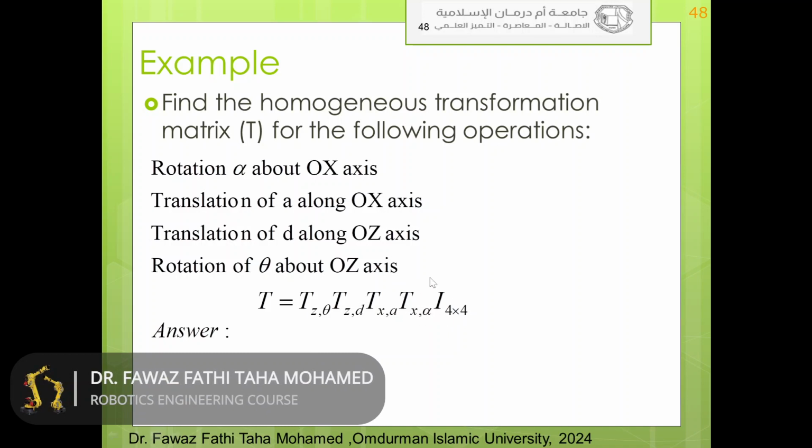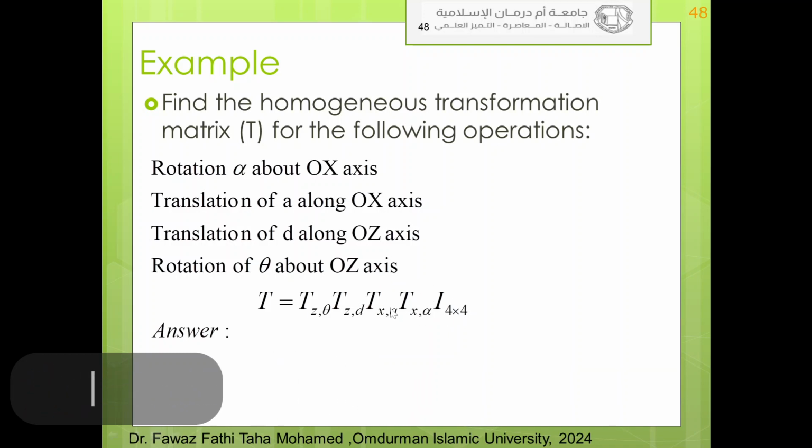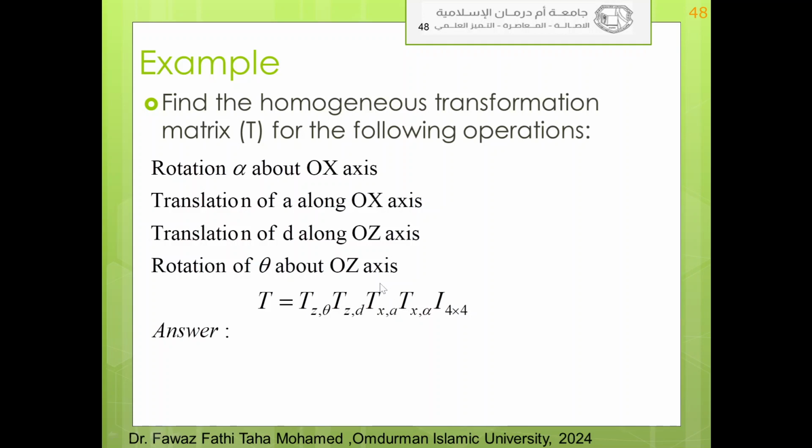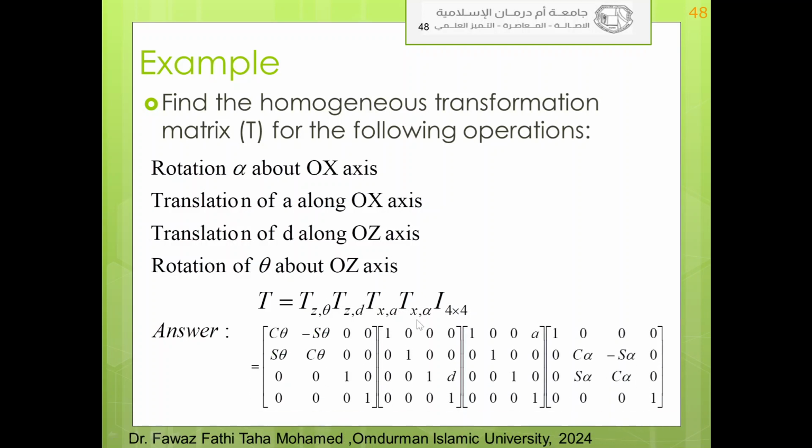Okay, rotation about alpha, translation around x with a, translation along the opposite axis with b, and finally rotation about it. So here the answer is pre-multiplication.